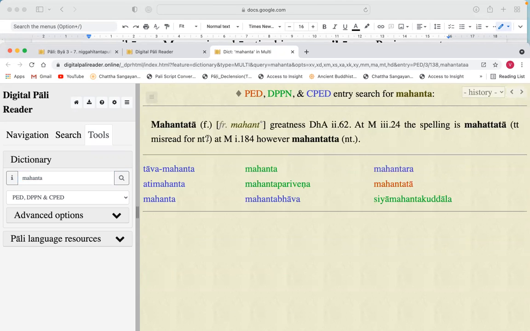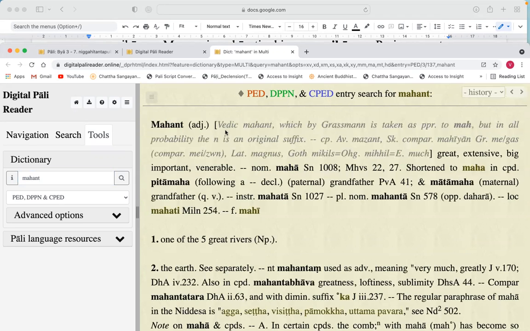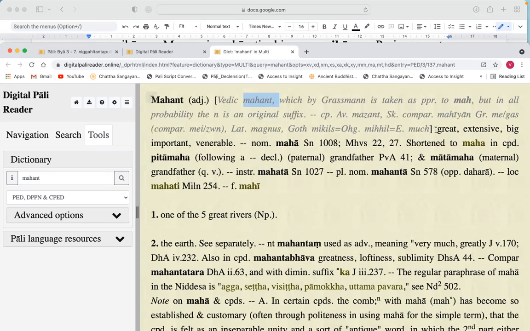Okay. So mahandata. What about mahant? So mahant is an adjective, in grammar. So adjective, but great or extensive or big or important or venerable.